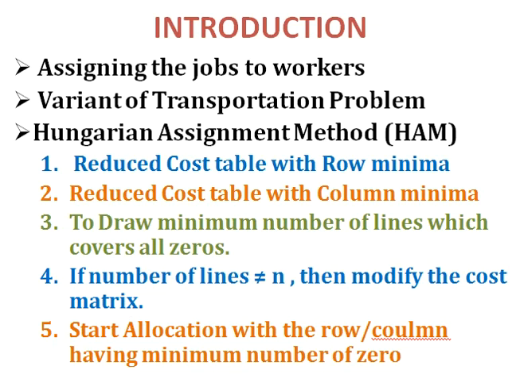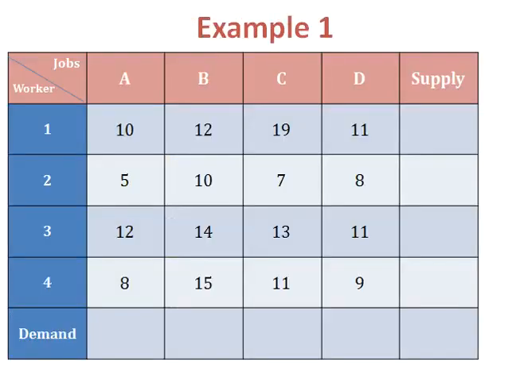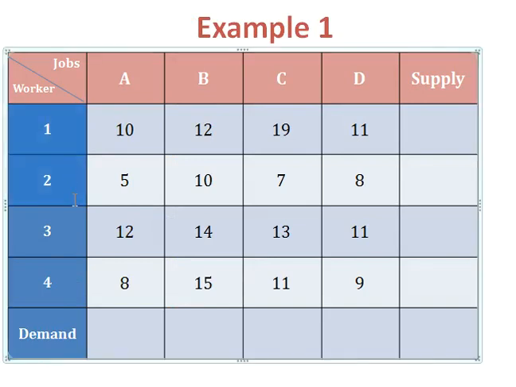Okay, so let's see how to solve an assignment problem by using the Hungarian assignment method. As you can observe, this is one kind of assignment problem where workers are given different types of jobs.